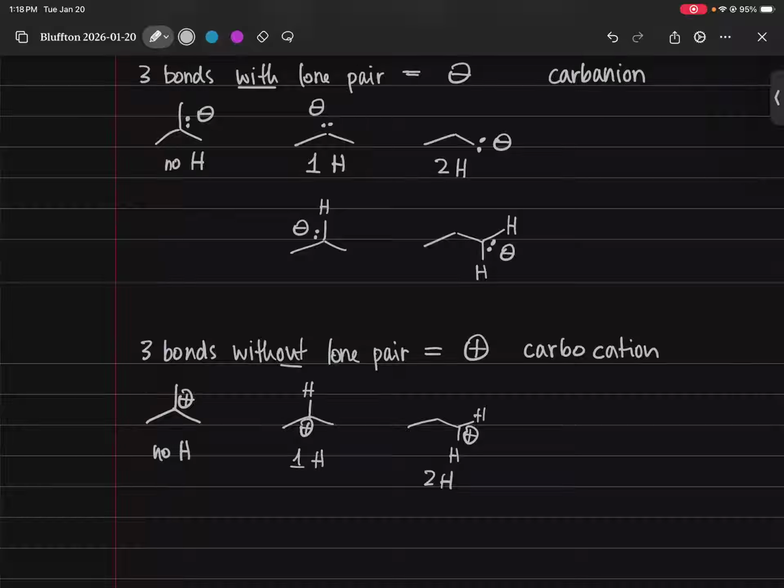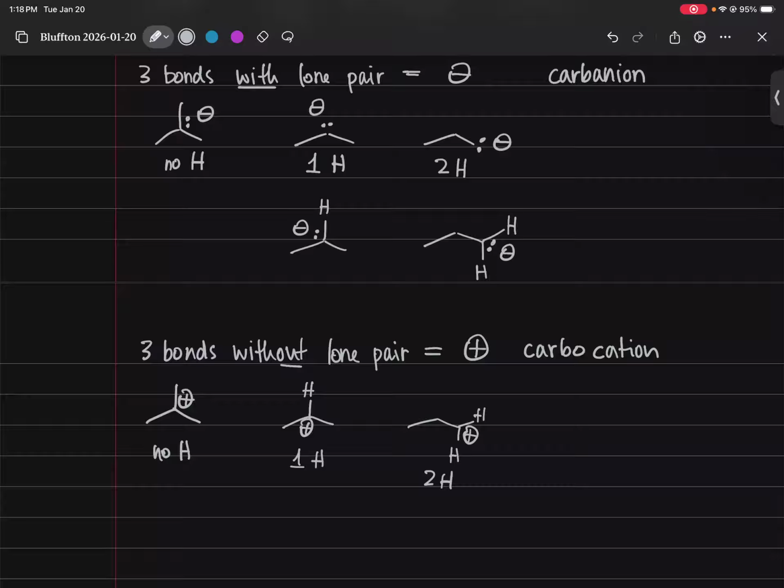These are going to come back in a little bit. By a little bit, I mean March, early March. But we aren't going to be too concerned with them in the immediate present. So these are a thing you should file away for later. Okay, so we've talked about lone pairs on carbon.